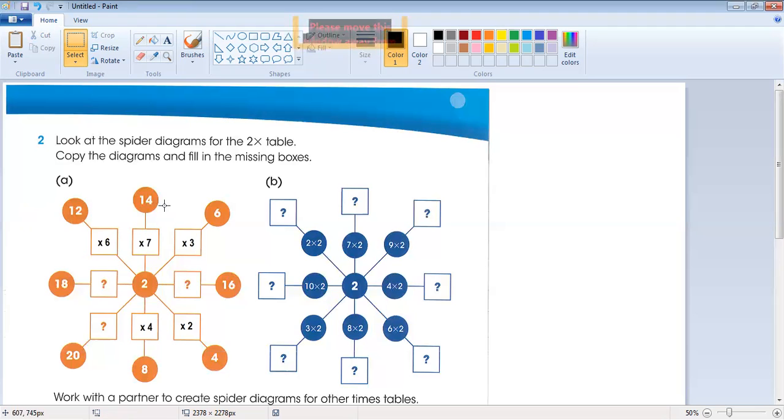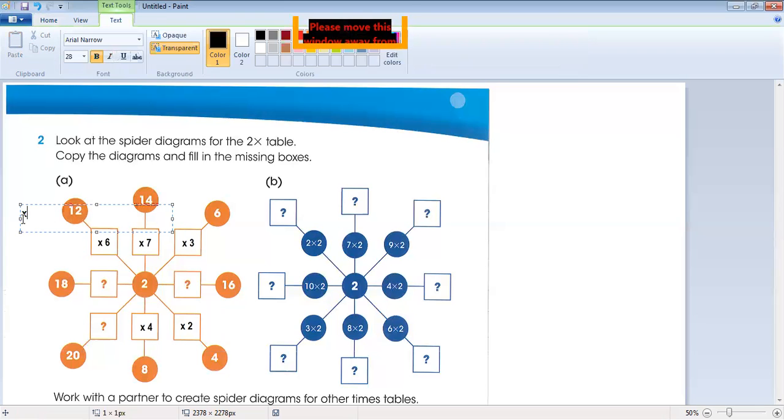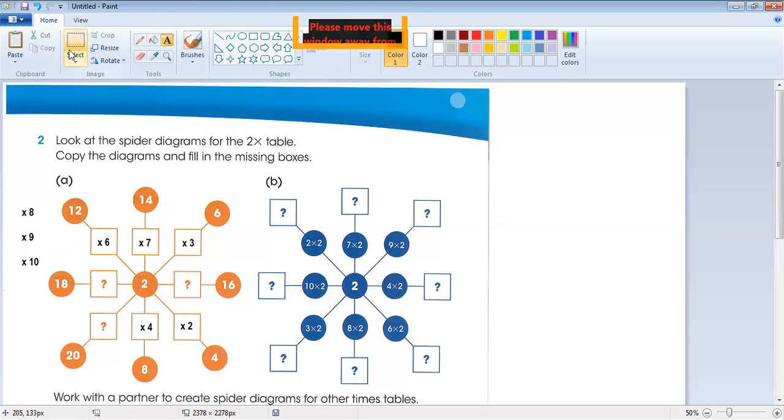Now here we have 2 eights are, 9s are, and 10s are. So 2 eights are 16, 2 nines are 18, and 2 tens are 20.